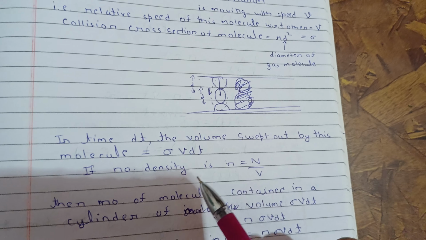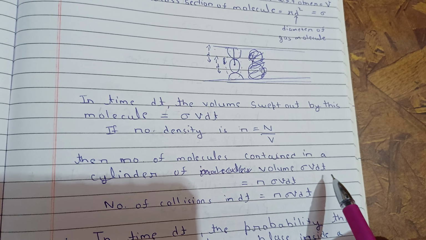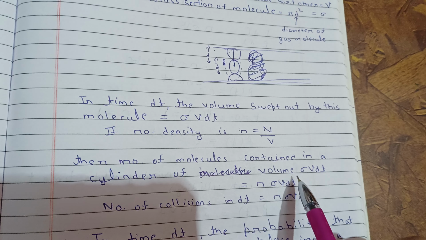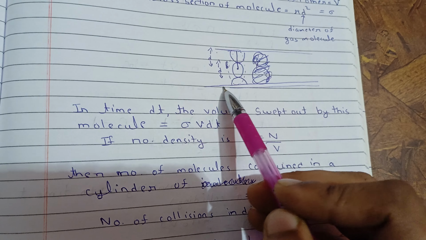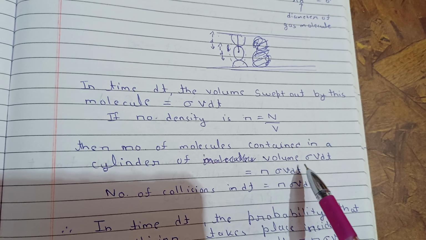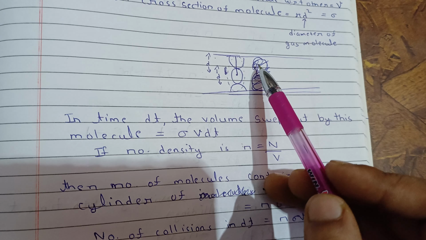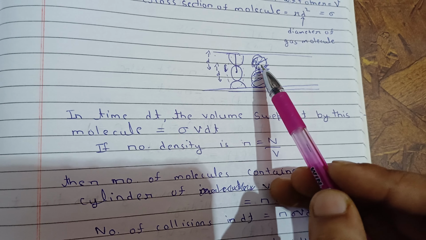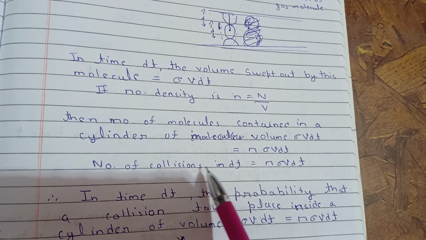So the number of molecules contained in a cylinder of volume sigma v dt will be n sigma v dt. These are the molecules which can possibly collide, lying in this range. We can call it the probability of collision also, because the more molecules lying in this range, the more the probability that it will collide. So the number of collisions in dt will be this.